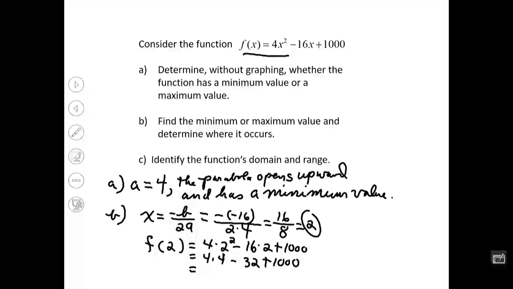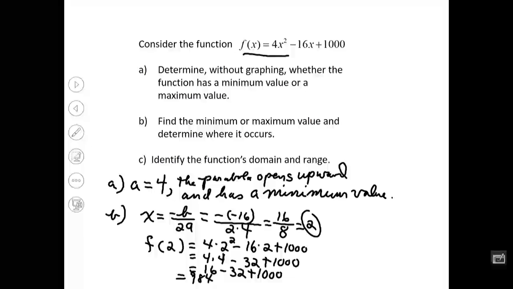So what do we have here? We have 16. 4 times 4, 16 minus 32 plus 1,000. And this is equal to 984. So the minimum value is 984, and it occurs at x is equal to 2.